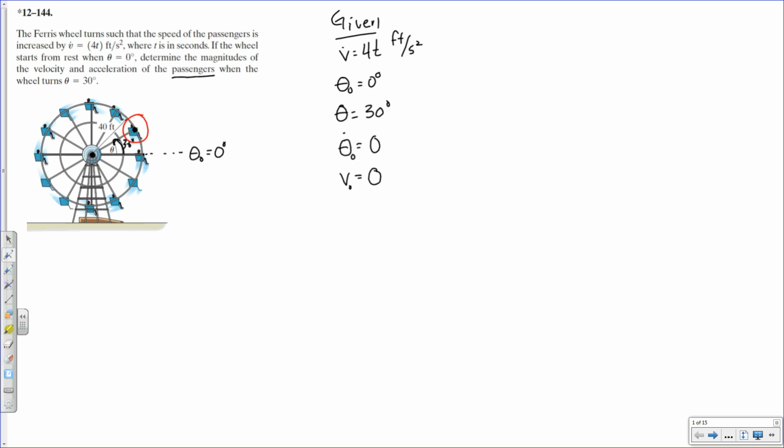The Ferris wheel is not rotating, so there's no angular velocity and there's no linear velocity. Okay, what is it that we're trying to find? We're trying to find v, and we're trying to find a. We don't include arrows over the top because we've read carefully, and it says that they want to know the magnitudes of the velocity and the acceleration themselves.